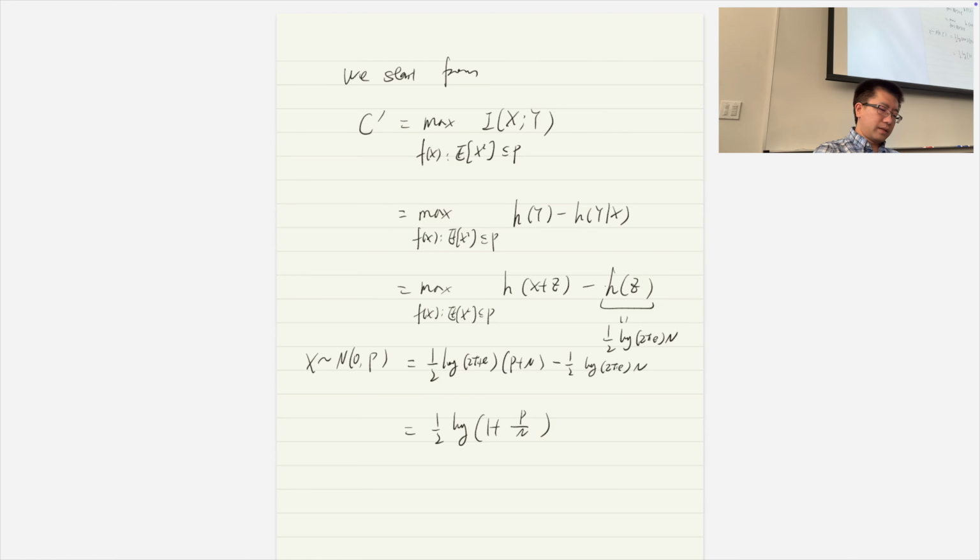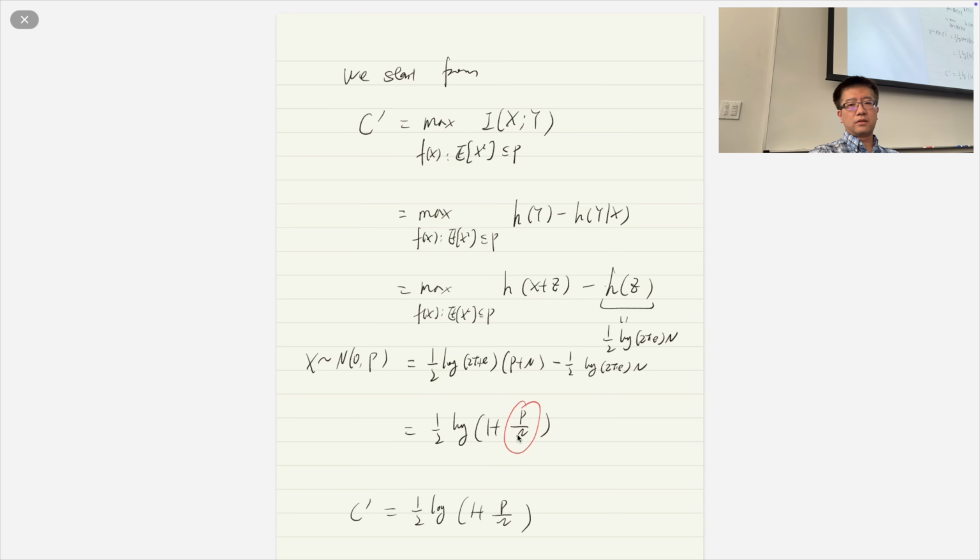So this is basically the channel capacity. Now we get C prime equals this. Later on we're going to show that this gives you the channel capacity. So here it is from intuition. One more thing we want to emphasize: what is this term?